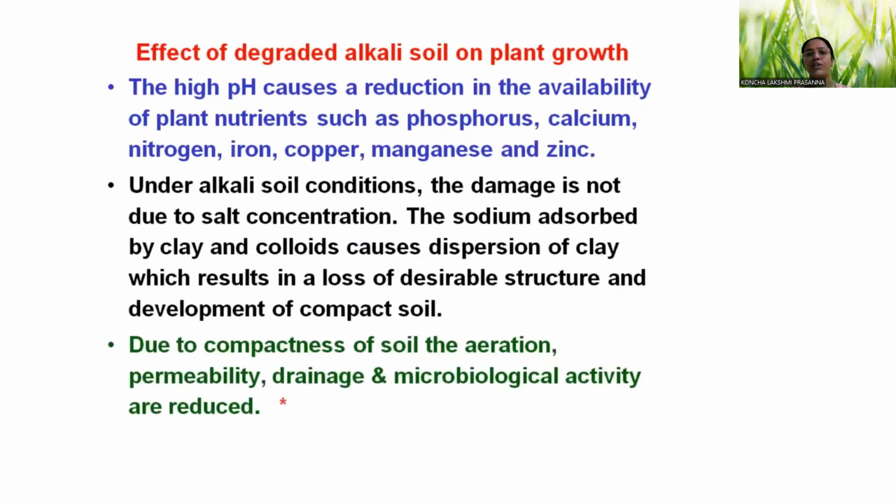Effect of degraded alkali soils on plant growth. Due to high pH, the availability of various plant nutrients is reduced, including phosphorus, calcium, nitrogen, iron, copper, manganese and zinc. Under alkali conditions, the damage is not due to the presence of large amounts of salts, but due to the sodium adsorbed on the surface of clay and clay colloids, thereby destroying the soil structure.